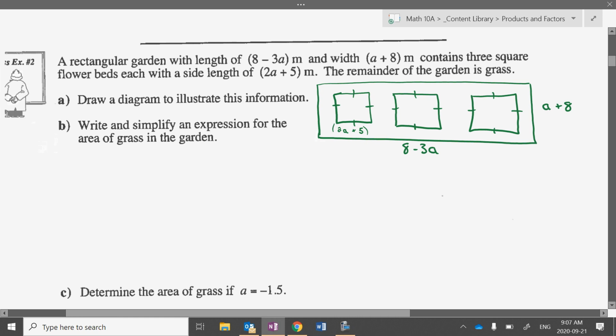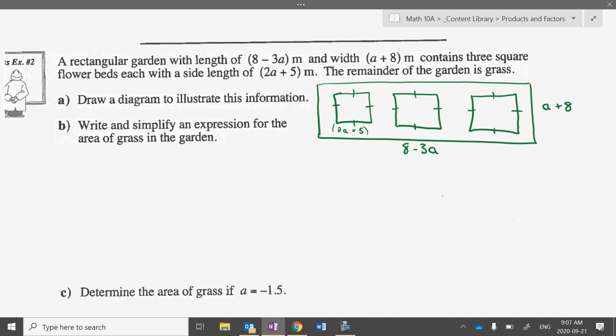A question like this, the diagram is not provided. And say I gave you this question on a test, do you think it's fair for you to raise your hand and ask if you drew the diagram correctly? No. Part of math is being able to interpret what the question's asking you correctly. So it's really important that you practice drawing things out to make sure you are interpreting it correctly.